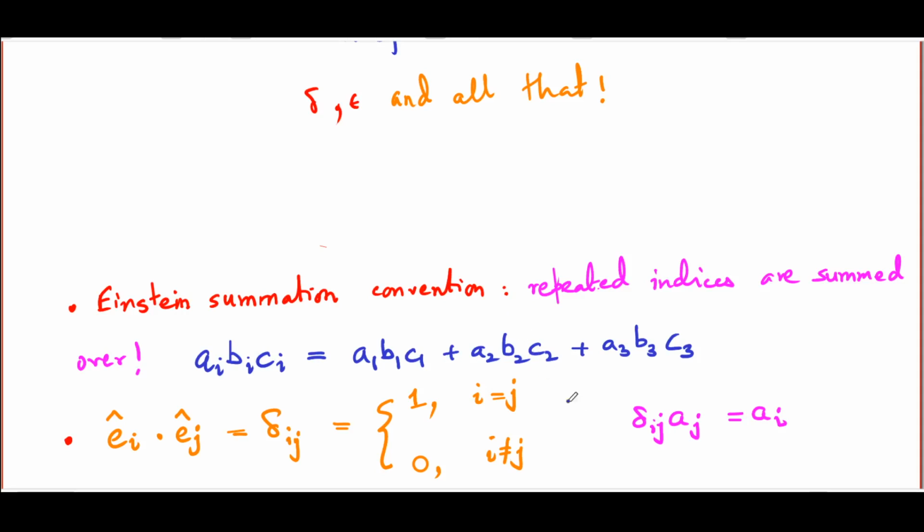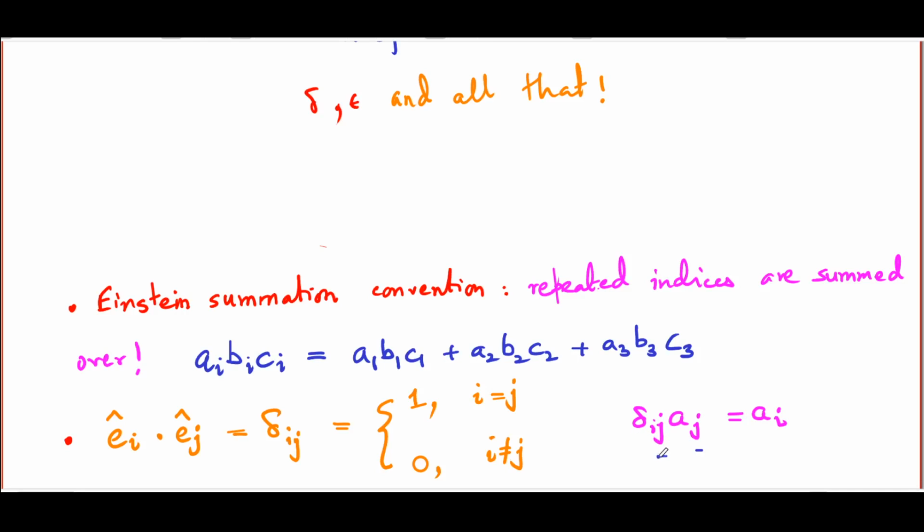And one very important property of this Kronecker delta symbol is the following. If it appears in a sum, here for example when I write down delta ij aj, the j index is repeated, so according to our convention it's going to be summed over, then the sum can be carried out very easily. The delta symbol will go away, and whatever the summation index is, wherever it appears in the rest of the expression, it will be replaced by the other index.